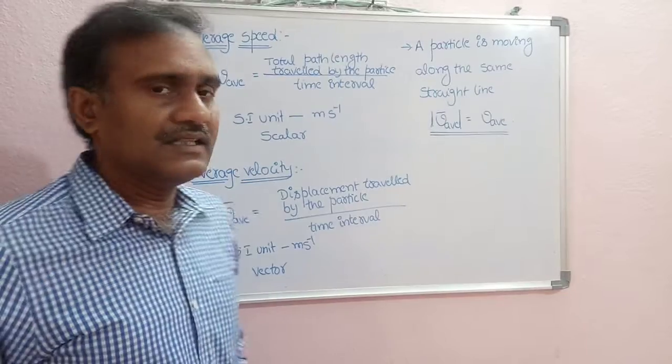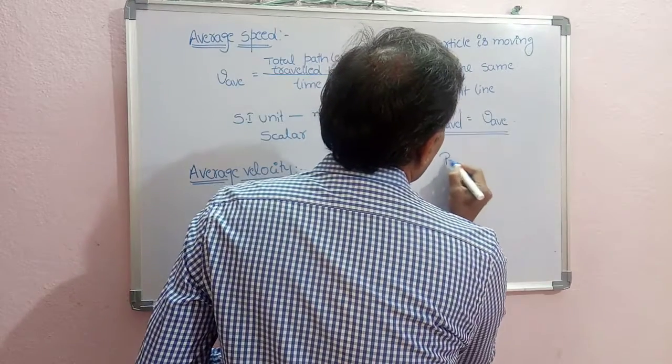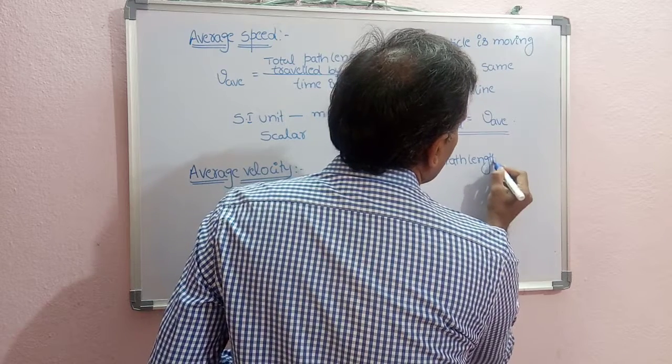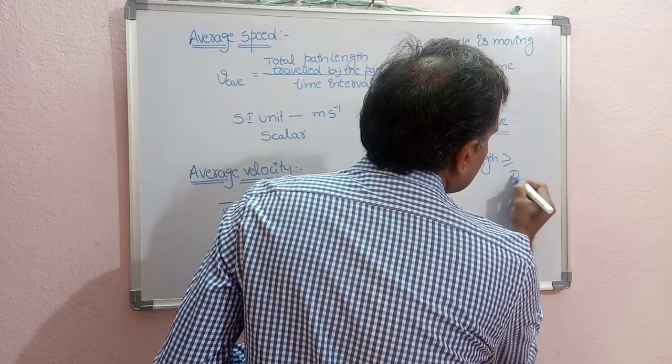Already we know from the previous class that path length traveled by the particle is always greater than or equal to displacement.